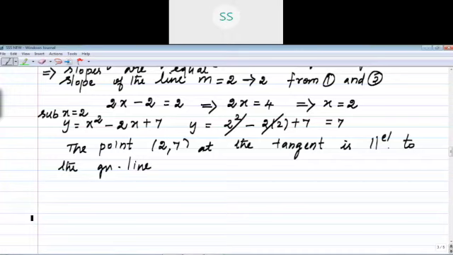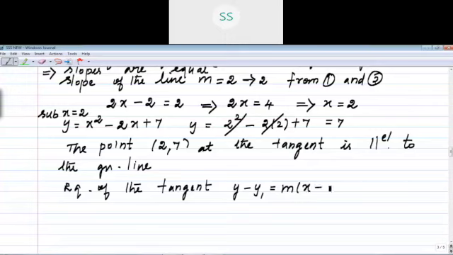Now, the equation of the tangent is what? You have to recall the formula, children. y minus y1 equal to m into x minus x1, right? What is your slope here? 2. What is your point? y1 is 7, x1 is 2.